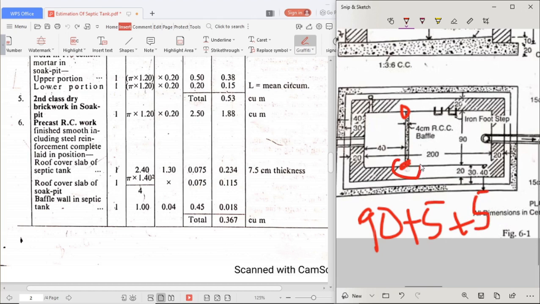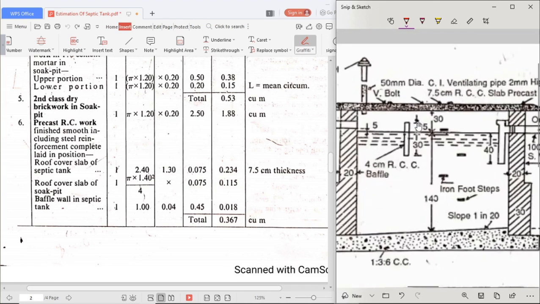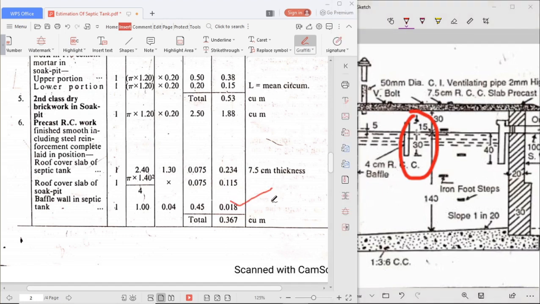Here 5 centimeter insertion, here 5 centimeter insertion. It will become 100 centimeter, so the length is 100 centimeter. The breadth is given as 4 centimeter. Then the height is given in the elevations here, 15 plus 30, that is 0.45. If you multiply it, 0.018. So all this will come in the precast RCC work.